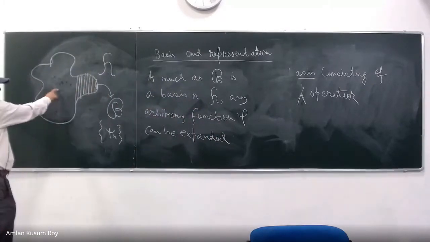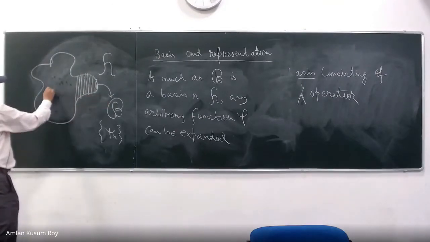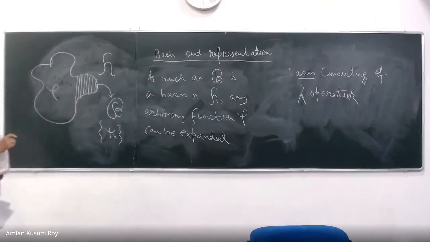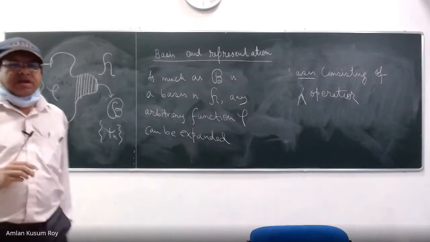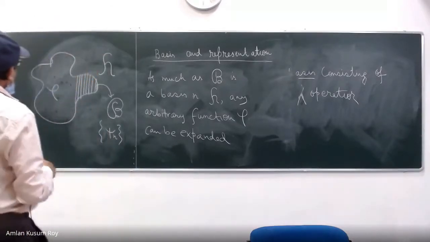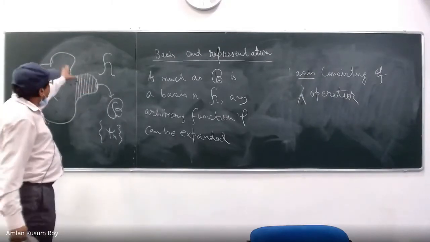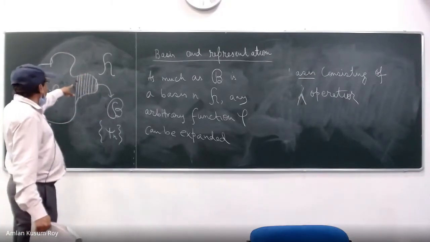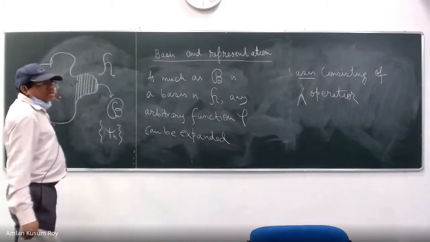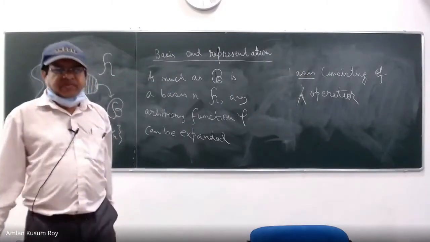So where is psi? That psi is somewhere here, right? So that psi can be represented as a sum of these basis functions as long as B is a subset of H and this psi belongs to H. This is the only condition.